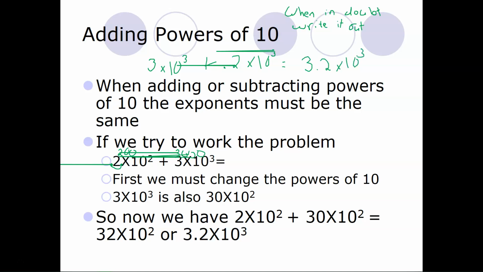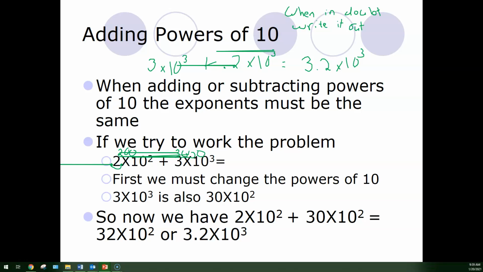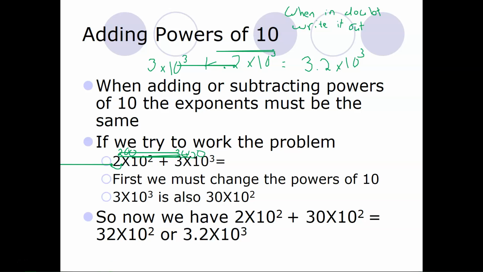Does everybody see how I did that? So like I said, when in doubt, write it out until you get completely 100% comfortable with the idea and the process of moving that decimal. Write the number out into the long form of it, just so that you have an easier time visually seeing how you move that decimal. Okay?